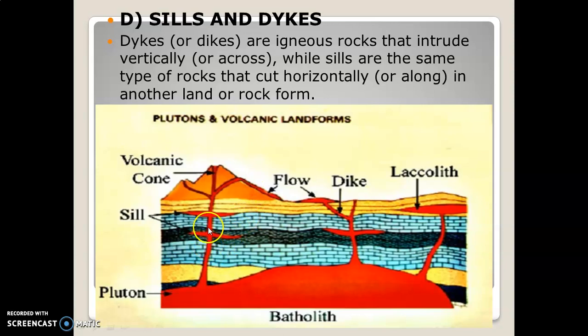When magma is not able to come out on the earth's surface, and gets solidified within the earth's surface in a horizontal manner, then sills are formed. And when magma gets solidified within the earth's surface in a vertical, wall-like structure, then a dike is formed.